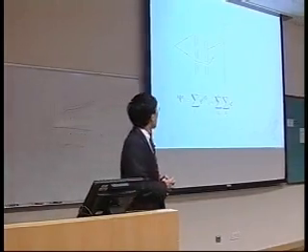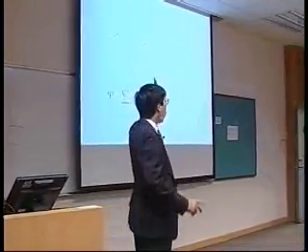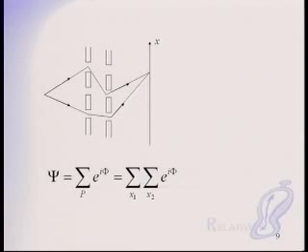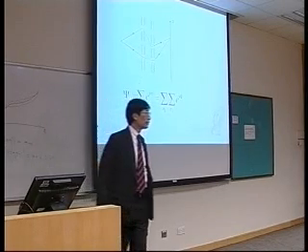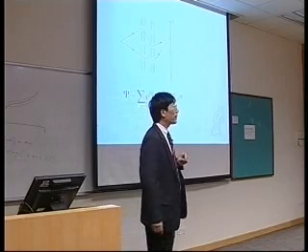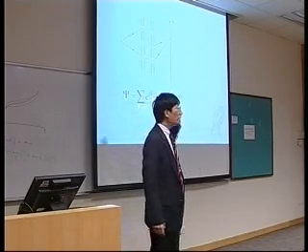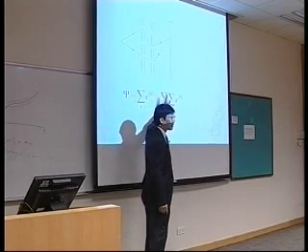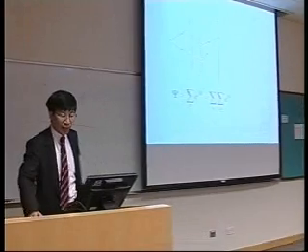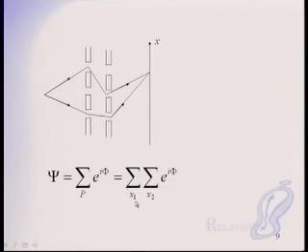Now, I look at not just one sheet of slits, but say 2 sheets. So I have one obstacle with a number of slits, and then further down another obstacle with a number of slits. Again, I draw all possible paths. A possible path is chosen by choosing one slit here and then another slit here. The choice of the first slit can be represented by a variable x1.